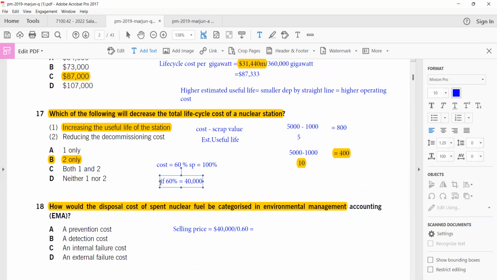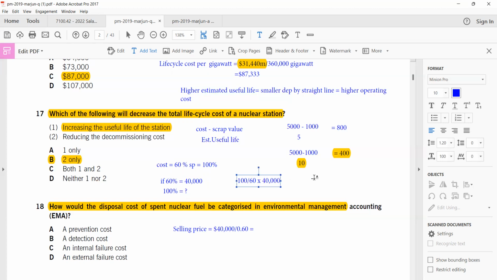Then the 100%, which was the selling price, will give me what? So I will say 100 over 60 times 40,000.